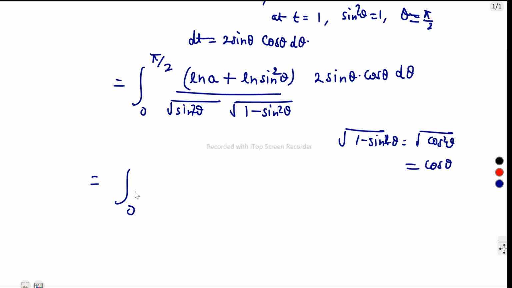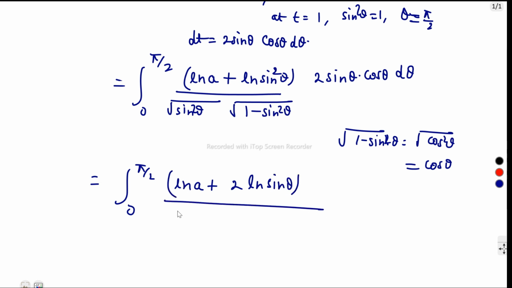So this is integral from 0 to pi over 2 of natural log of a plus 2 times natural log of sine theta, upon sine theta cos theta, times 2 sine theta cos theta d theta. This sine theta gets cancelled and this cos theta also gets cancelled.